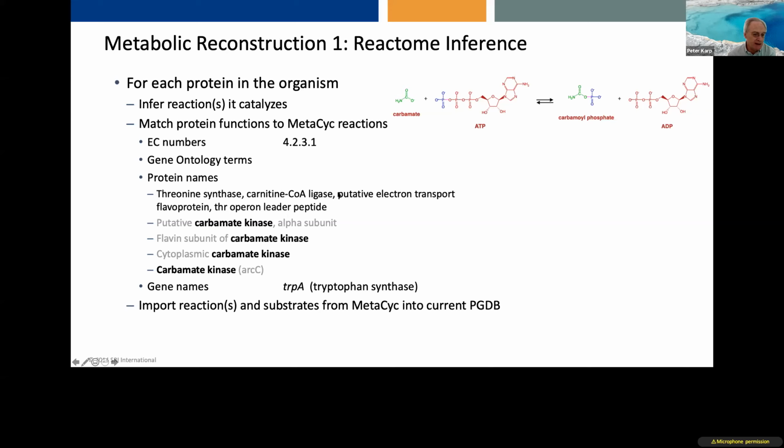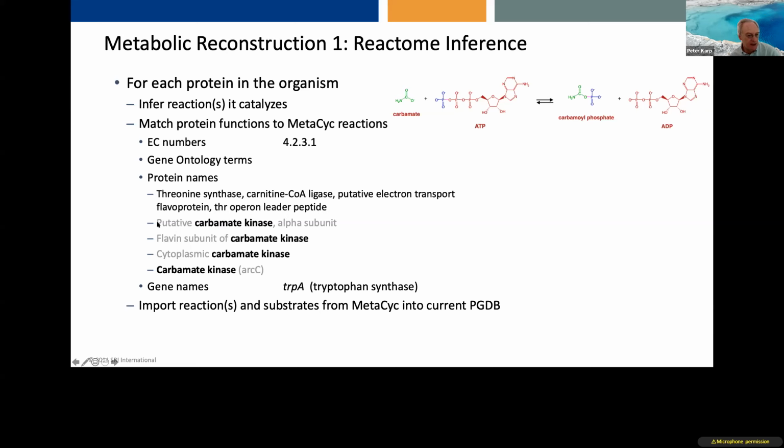Now, there are some protein names that are kind of high-level, non-specific names like putative electron transport flavoprotein. Those will not be mapped to a reaction. And non-metabolic enzyme protein names like for leader peptides, those will not be mapped to reactions either. I do want to mention that in a lot of annotations, there will be additional words in the protein function that make it more difficult to match the protein name to a name in Metacyc.